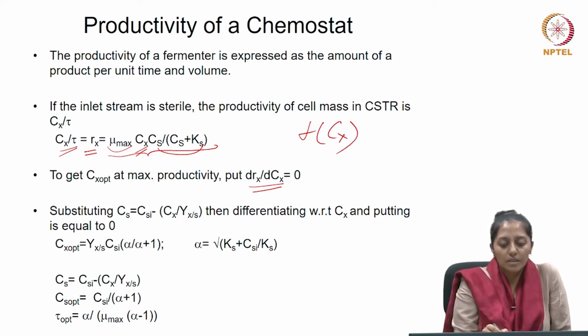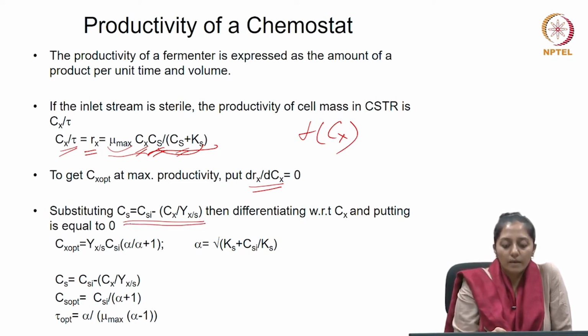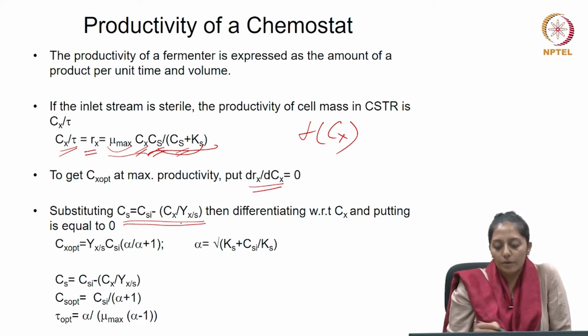So, this Cs has to be removed in terms of Cx. How do we remove that? Making use of the yield coefficient, where Cs can be written as Csi, which is your feed substrate concentration in the inlet feed, minus Cx, your steady state biomass, divided by Yx/S, your yield coefficient.